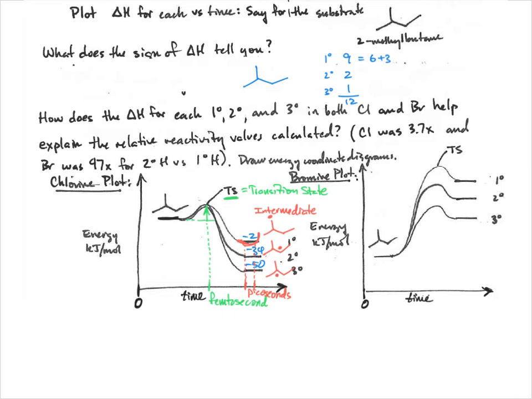So are we good with what this is sort of telling us here? So for demonstration purposes, I'll show you that from where you start to where you end up in the intermediate, if you go down, that's exothermic.